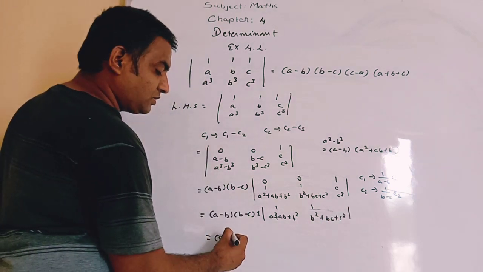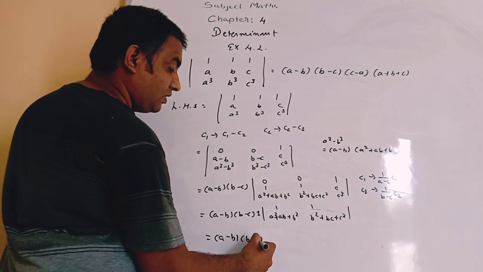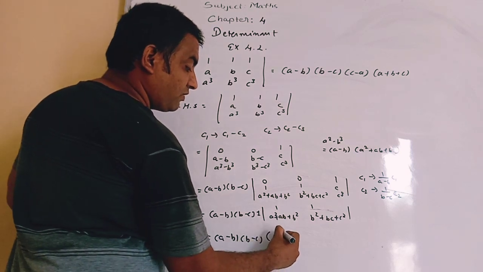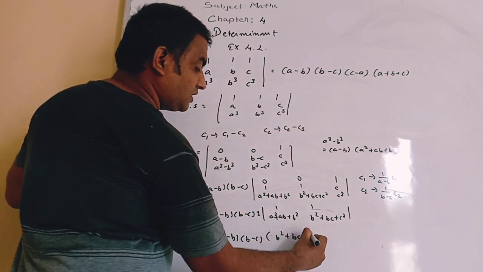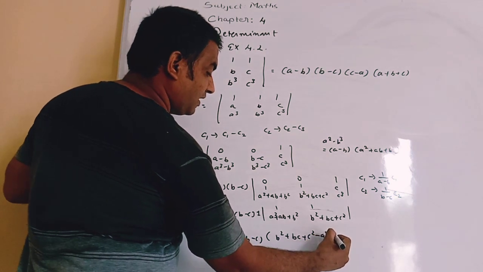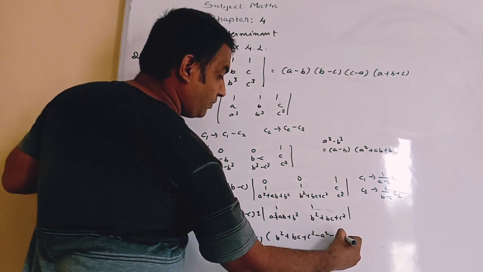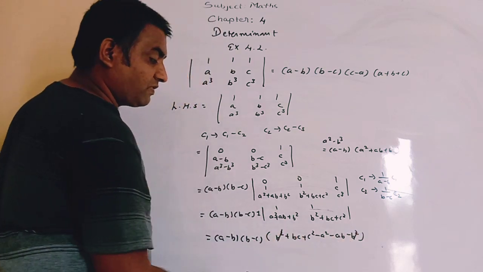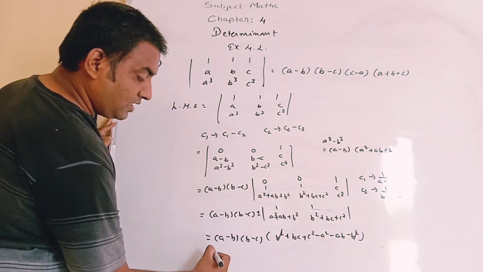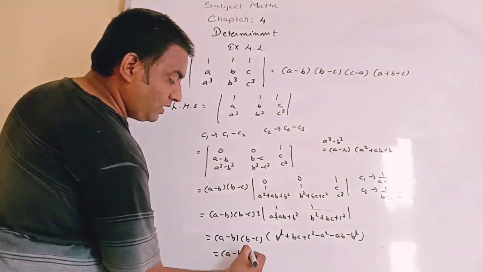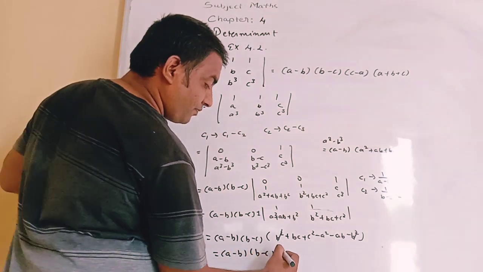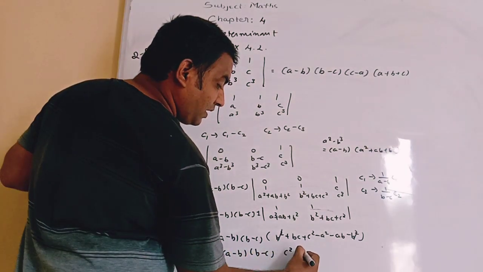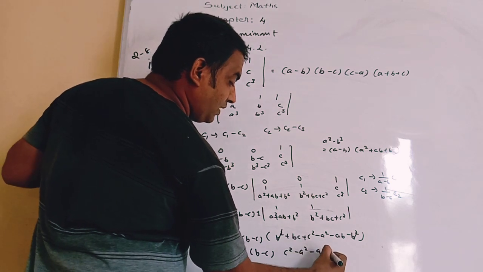So we take the cross multiply, then b square plus bc plus c square minus a square minus ab minus b square. So plus b square minus b square cancels. So here a minus b, b minus c, c square minus a square minus ab plus bc.